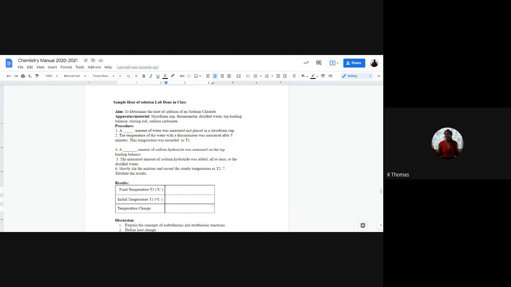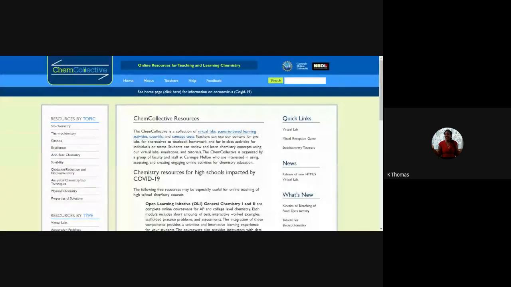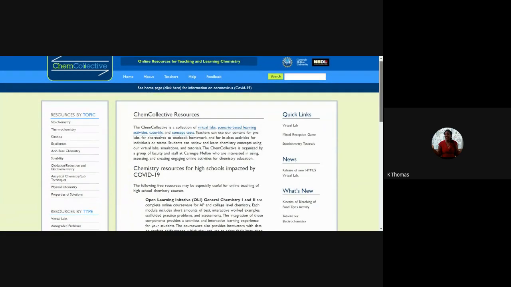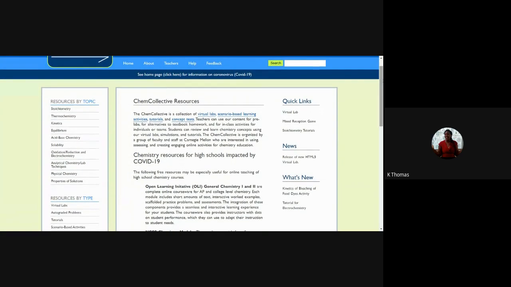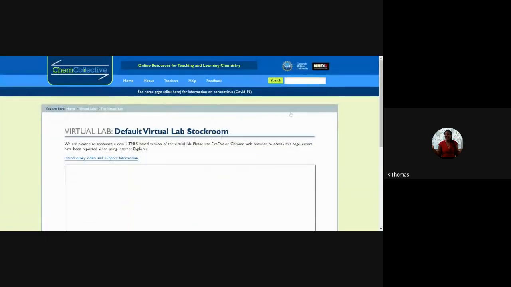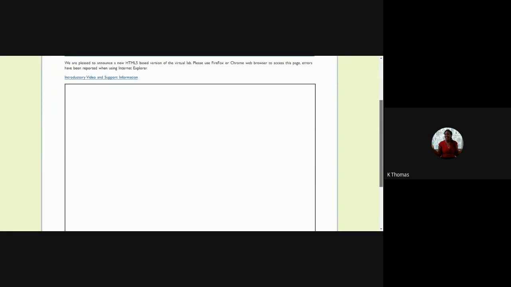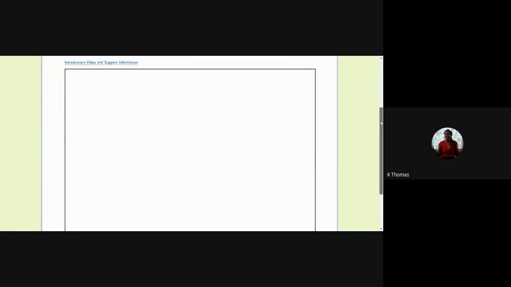Perfect. So we're going to go ahead and open up our virtual chemistry lab. We go to this site, ChemCollective, and we just click on virtual lab over here, and it takes us to our virtual lab. I'm going to wait for it to load.